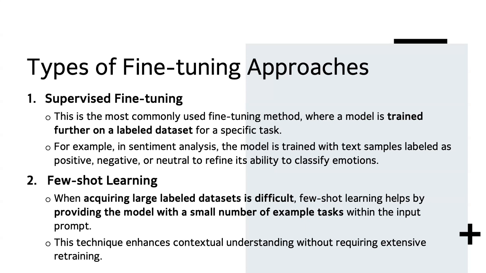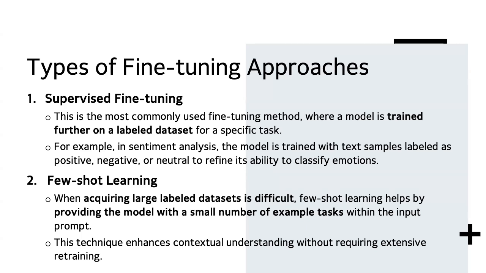So we do train again with the pre-trained model. The first model can be unsupervised, but when we do fine-tuning, it's trained with data which is labeled. So we are doing supervised learning again.